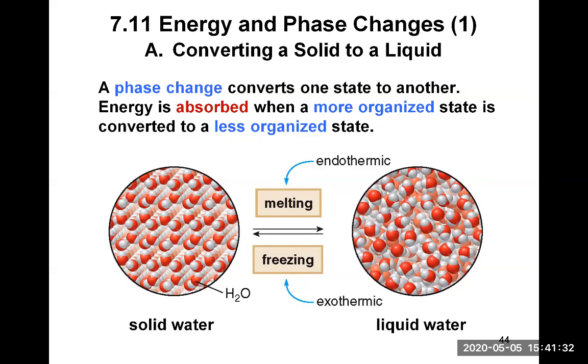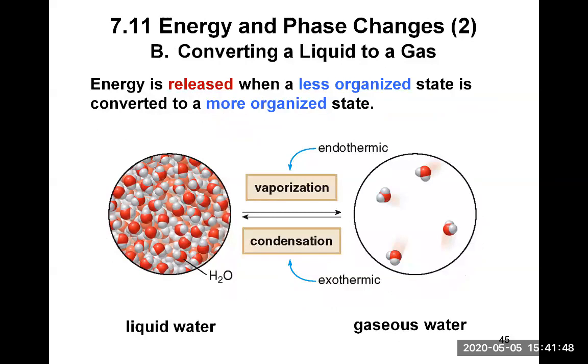And so energy is absorbed when you need to break some of the attractions and become a less organized state. And that's the melting that is endothermic here, for example. And so energy is released when a less organized state is converted to a more organized state.